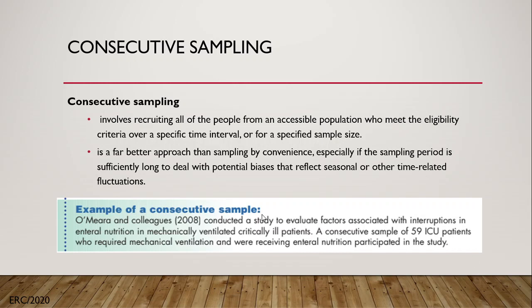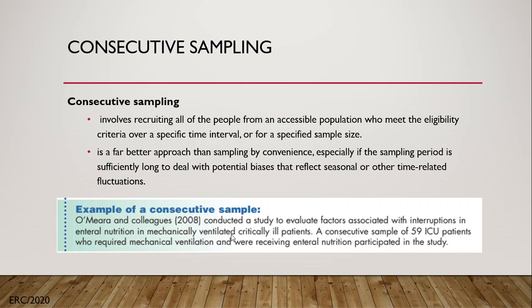Okay, an example of a consecutive sample is the study of Mayara and colleagues, who conducted a study to evaluate the factors associated with interruptions in enteral feeding or enteral nutrition in mechanically ventilated critically ill patients. A consecutive sample of 59 ICU patients who required mechanical ventilation and were receiving enteral nutrition participated in the study.